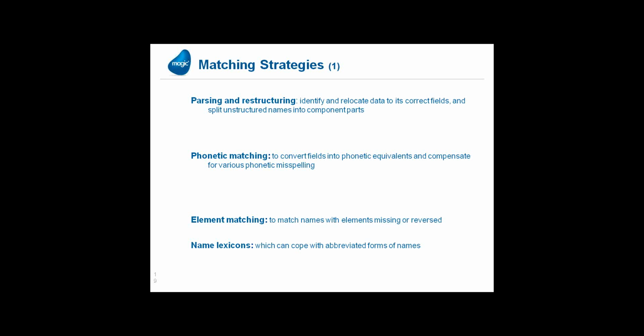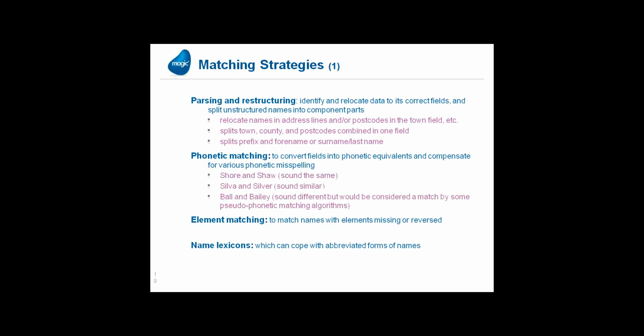There's also phonetic matching strategies which allow you to convert a field into its phonetic equivalent. And we can look at examples of each of these. So as we look at the parsing and restructuring, there are things like splitting prefixes and forenames and things like that. With phonetic matching, things like Shore and Shaw sound the same, depending upon which part of the country or the world you're from. Silva and Silver sound the same.